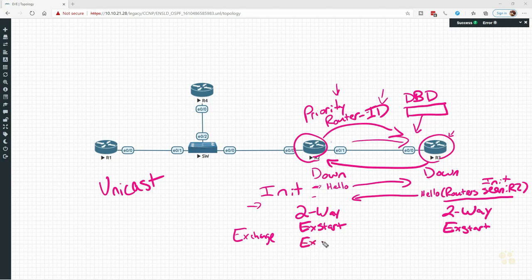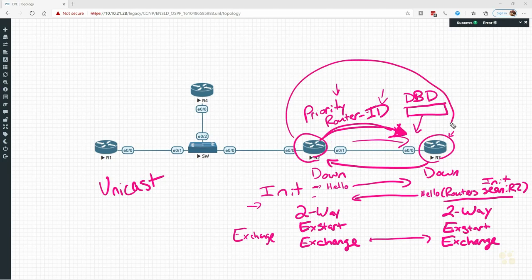And at this point, it will move on to the exchange state, where they are exchanging what routes they know about with each other. The router that was elected first, or the router that was elected as in control, will get to ask the other router for any LSAs or routes that it doesn't know about.